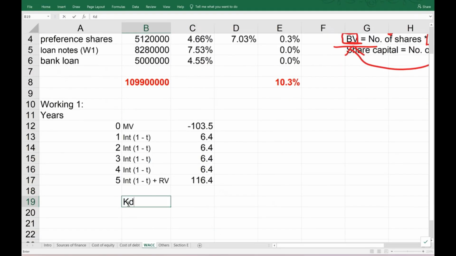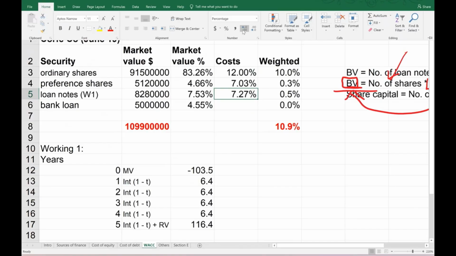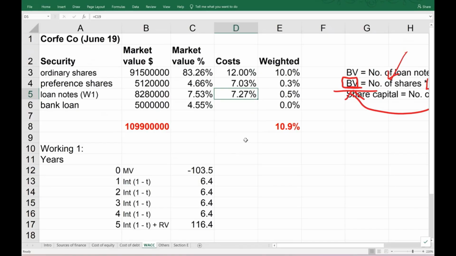The cost is approximately 7%. Yeah, same rate we use for bank loan, because it's variable, that's why.